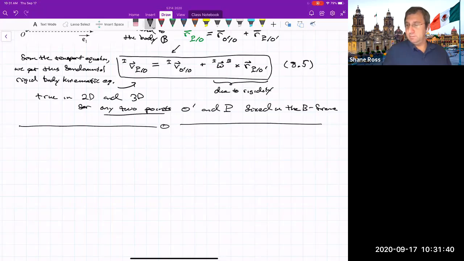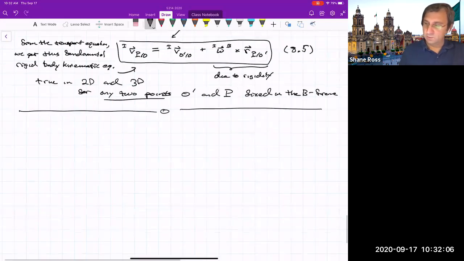When we get further into rigid body dynamics, we're going to be looking at how this omega vector, the angular velocity vector, changes. And like I said, it's going to be changing dynamically, which means that it's due to the mass distribution and forces in the form of moments.